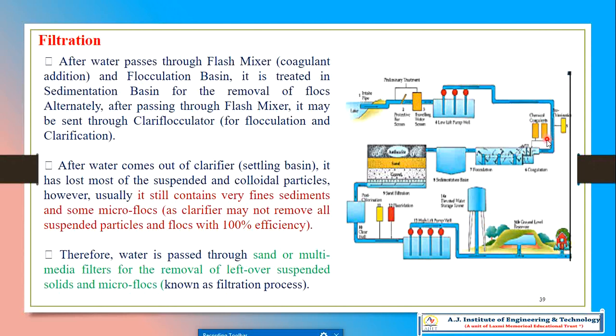From there all the processes we explained: flocculation, coagulation, sedimentation. After that comes the filter media. Here one more process starts, the sand or multimedia filters for removal of leftover suspended particles and micro flocs. So that is the concept.